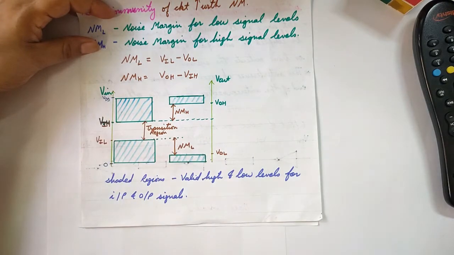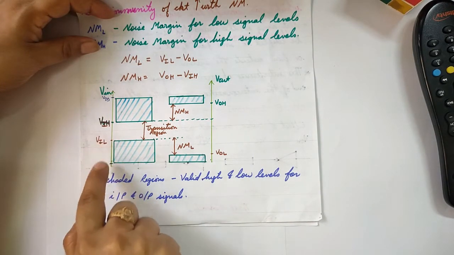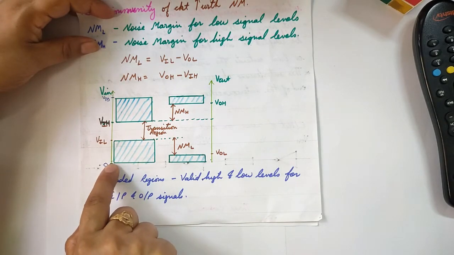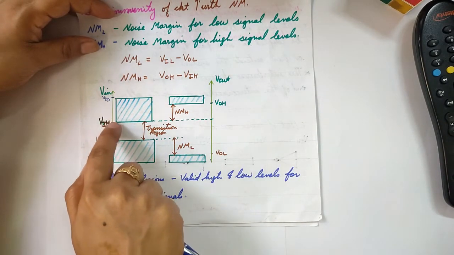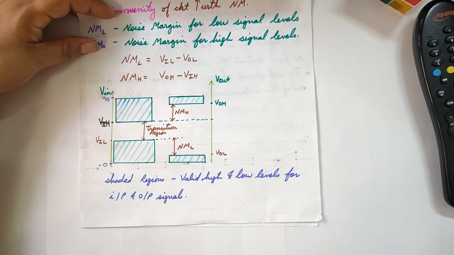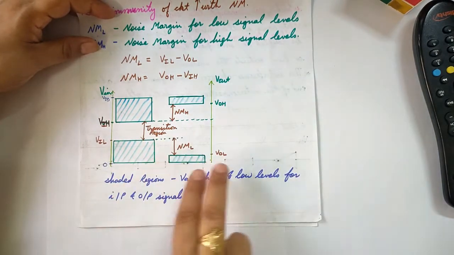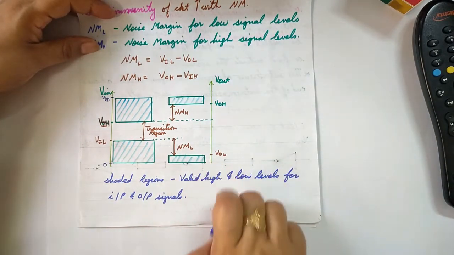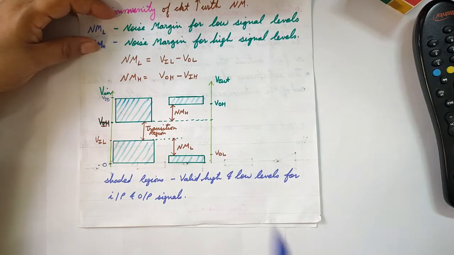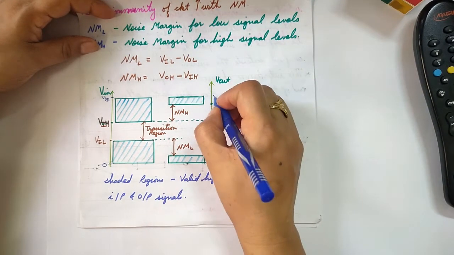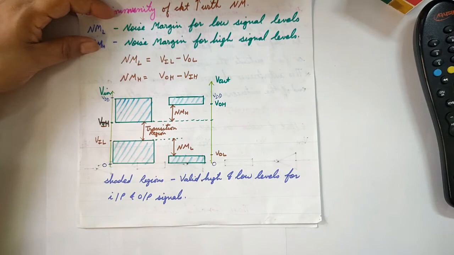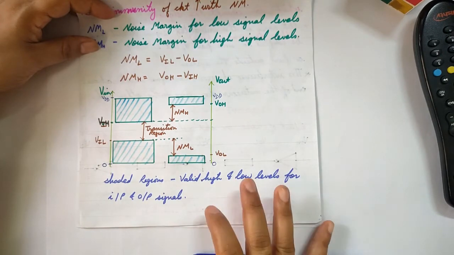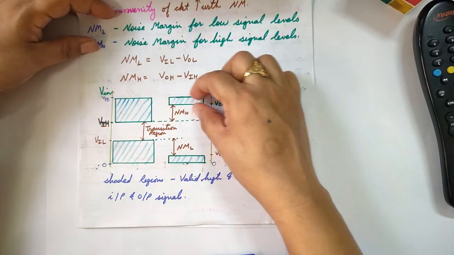So from 0 to VIL is treated as logic 0 input, and from VIH to VDD it is treated as logic 1 input. Similarly, on the output line, from 0 to VOL is treated as logic 0 output, and from VOH to VDD it is treated as logic 1.